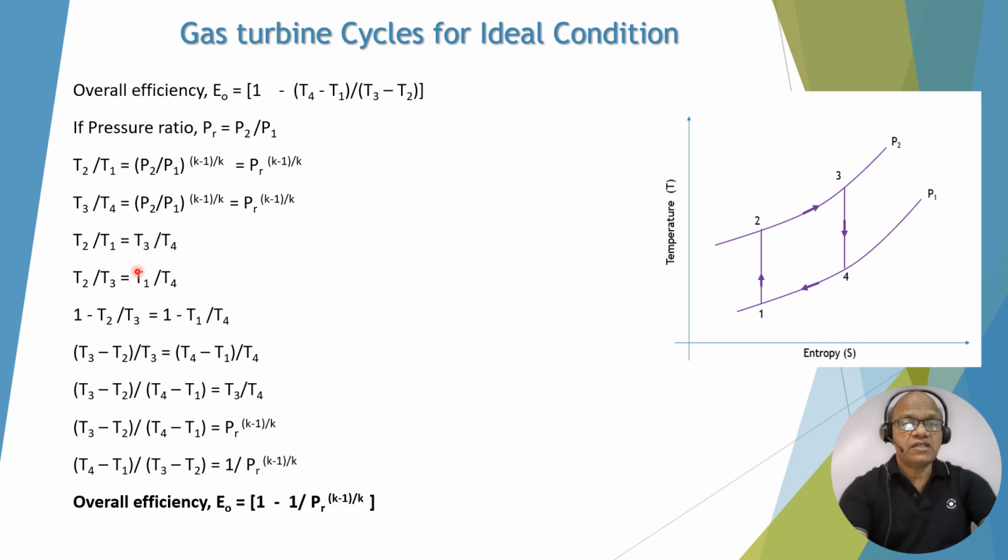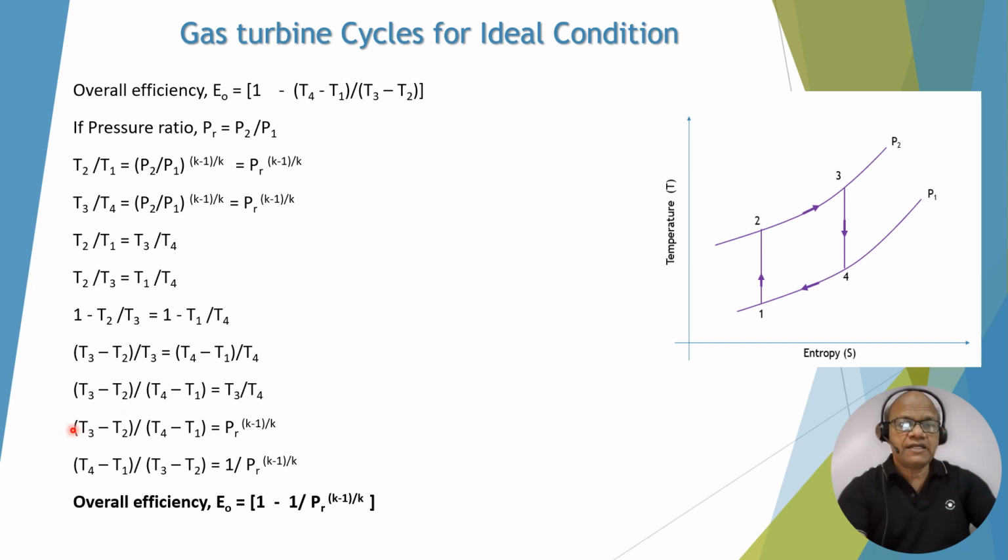On further shifting, T2 by T3 and T1 by T4, and after the 1 minus, we get 1 minus T2 by T3 is equal to 1 minus T1 by T4. On simplification, we can write (T3 minus T2) upon T3 is equal to (T4 minus T1) upon T4.